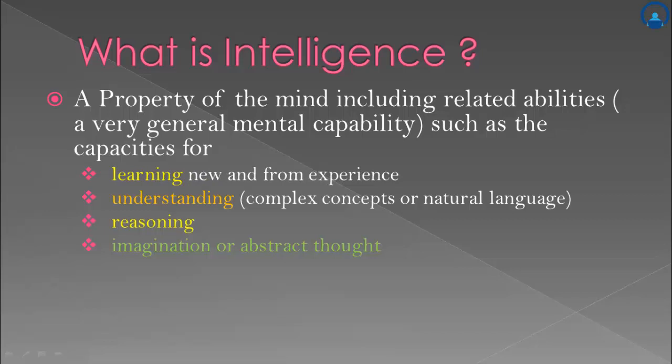All the abilities. It may consist of general mental capabilities too, such as the capacity for learning new things, learning from experience, and understanding different levels of concepts. It can be complex or easy, natural languages, reasoning, imagination. It can be abstract thought, any thought coming up in your mind. When I give you any topic, something comes to your mind first. That's called your abstract thought.